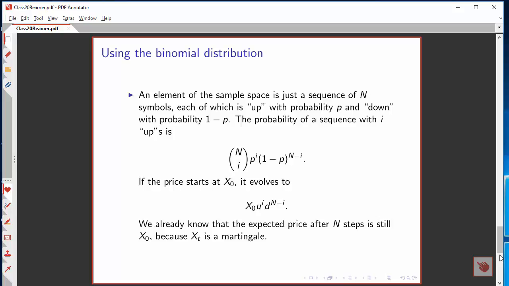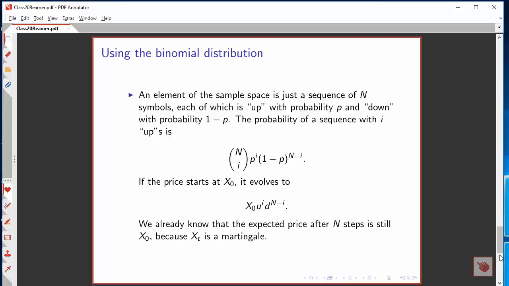We get an up with probability p, we get a down with probability 1 minus p, and as everyone learns in high school, the probability that we'll get a sequence where i out of the n symbols will be ups is n choose i, to take into account the number of places you can position the ups, times p to the i, the probability for having something with probability p happen i times, times 1 minus p to the n minus i.